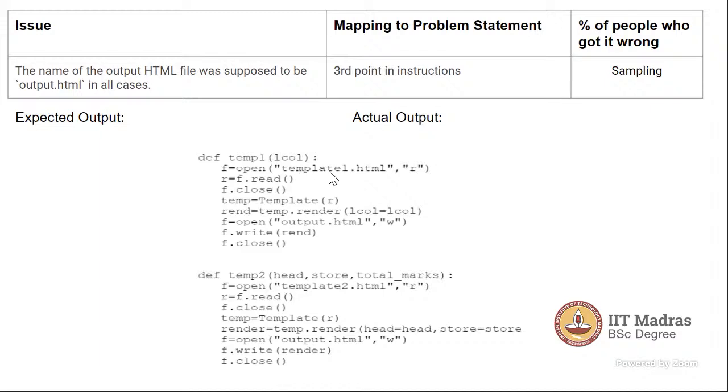If this file, template1.html, which you are trying to open in read mode, is not present in the current working directory, this program will definitely generate an error, and no test case will even be executed if this is the statement that the script, or even the Python interpreter, encounters.